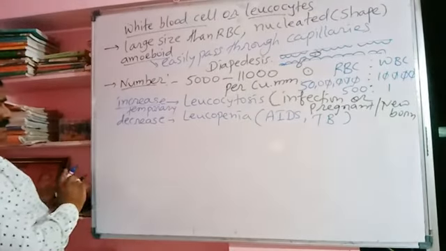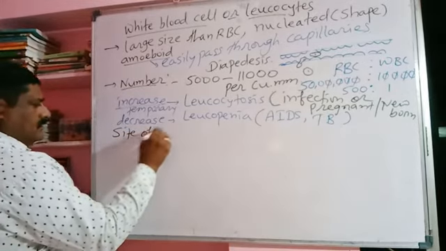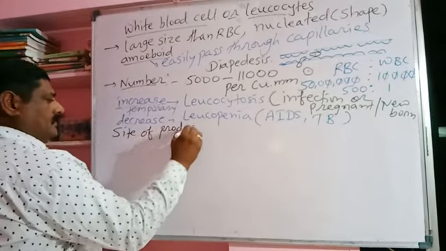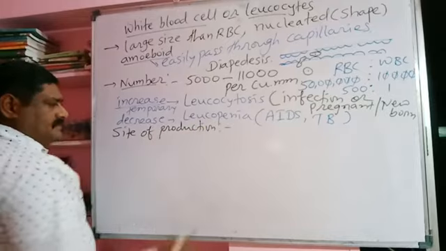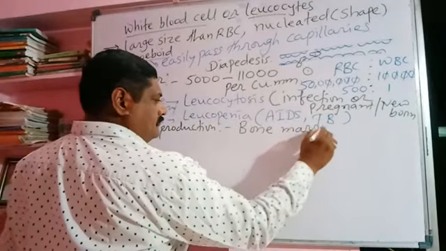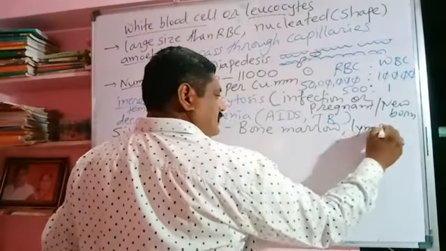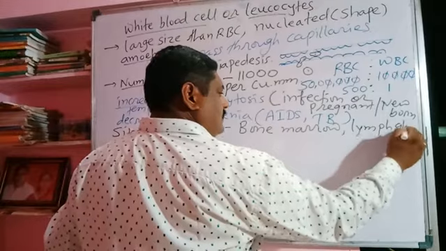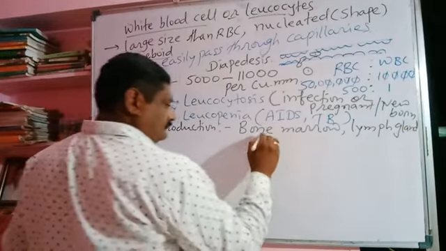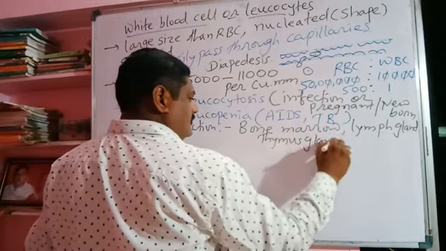The site of production of WBC: it is produced at different places, mainly in the bone marrow, lymph gland, thymus gland, and spleen.